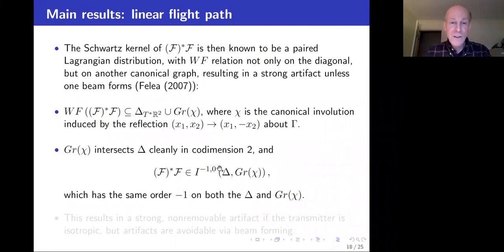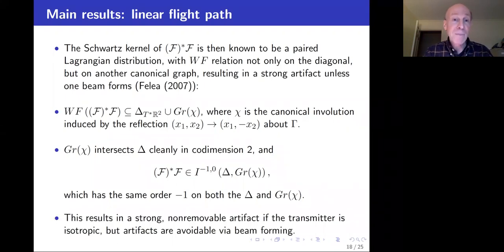And in fact, it was shown that the Schwartz kernel of F star F belongs to one of these paired Lagrangian spaces, these I^{p,l} spaces introduced many years ago by Melrose and Uhlmann and Guillemin. And it has the same order. F star F has the same order, namely -1, on both the diagonal piece and the graph of chi, which means the graph of chi piece is a strong non-removable artifact. And so the only way to deal with it essentially is by beamforming or to live with the left-right ambiguity if you're willing to live with that.